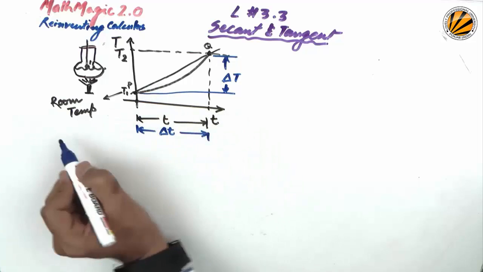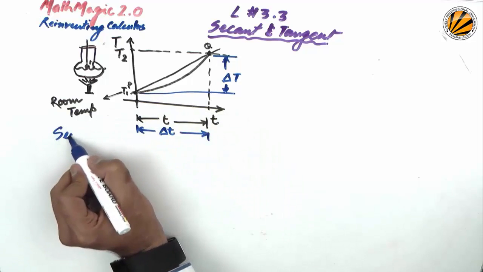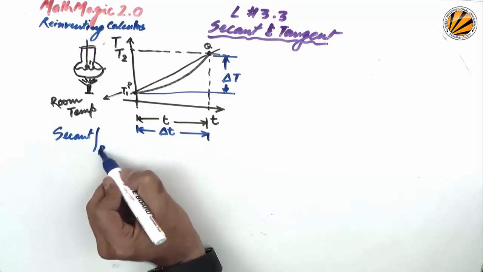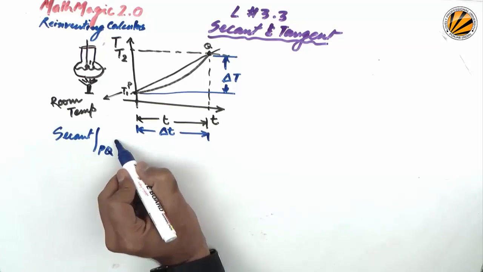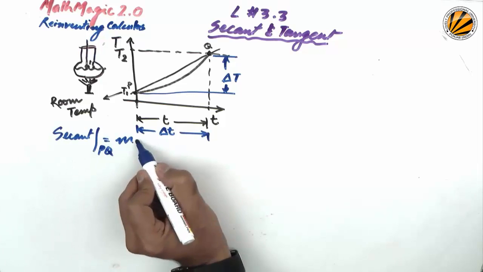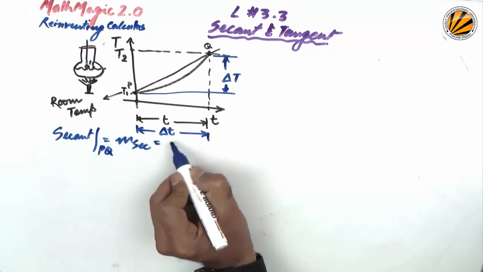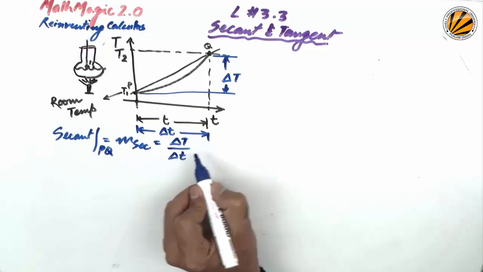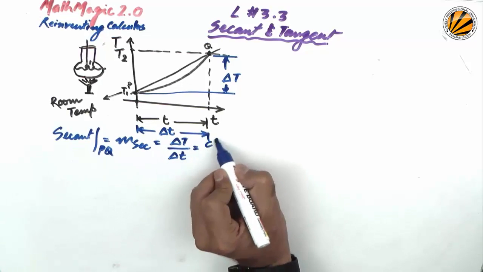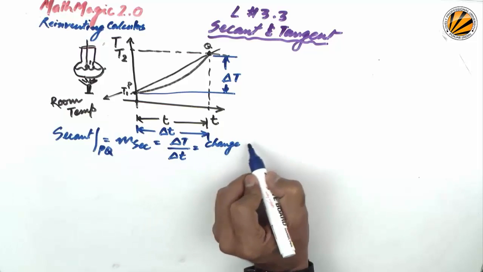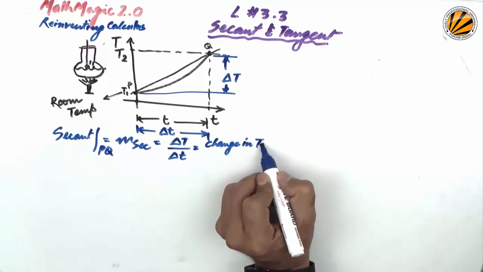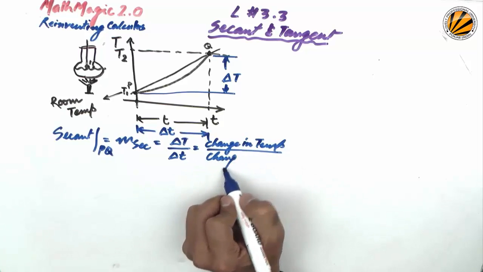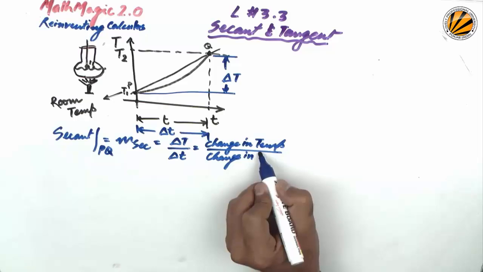So the slope of this secant, PQ, will be m sec, equal to delta T divided by delta t. This is the change in temperature divided by the change in time.